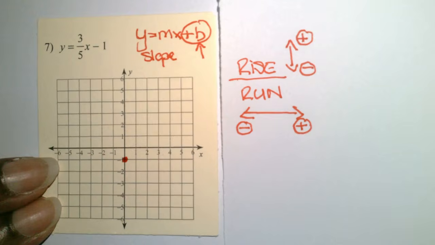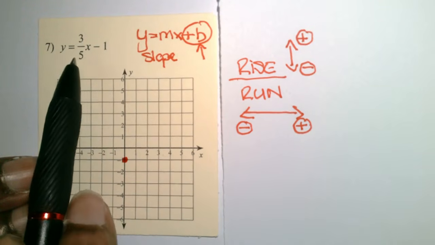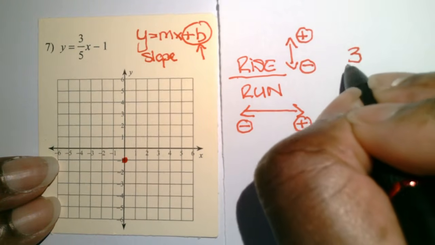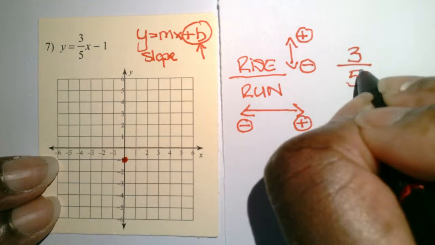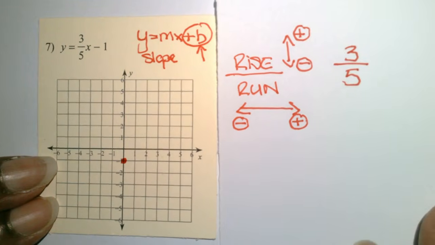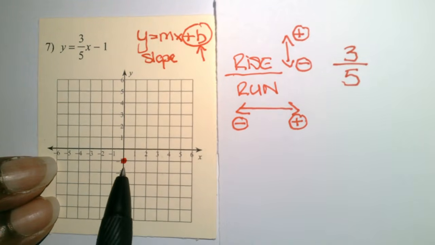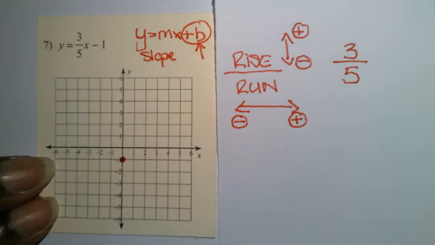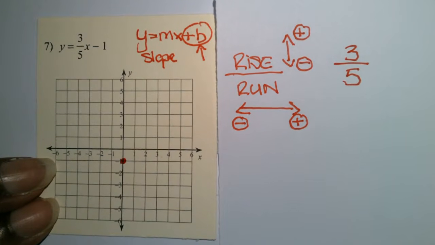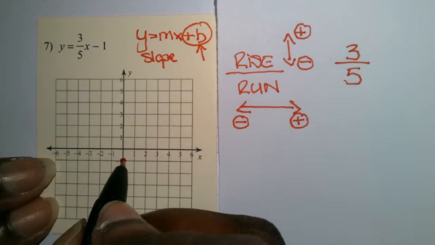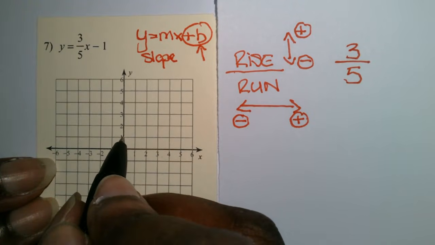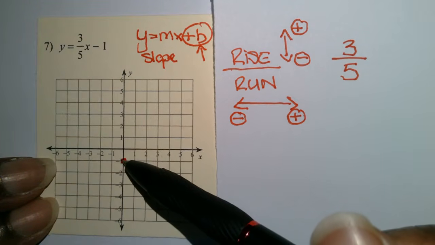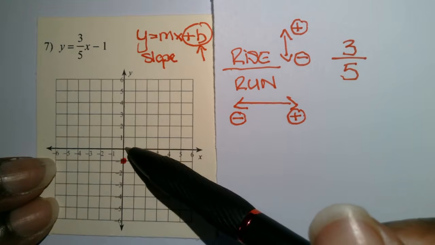So now, looking at my slope, 3/5, that means from my starting point, which is here at -1, I'm going to go up 1, 2, 3. Notice how I count. I don't say, okay, I'm right here, that's 1, and this is 2, and that's 3.